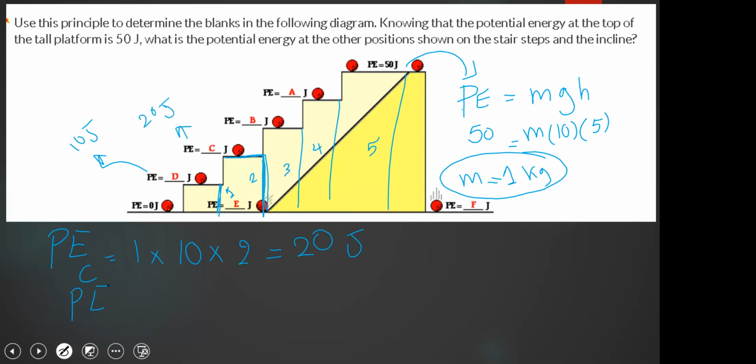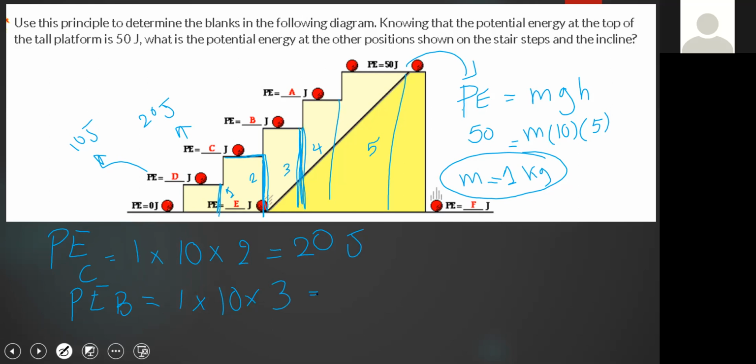Now, the potential energy at point B. It is 1, the mass, times g, 10, times the height. What is the height at point B? It's 3 from here. So it's 30 joule.